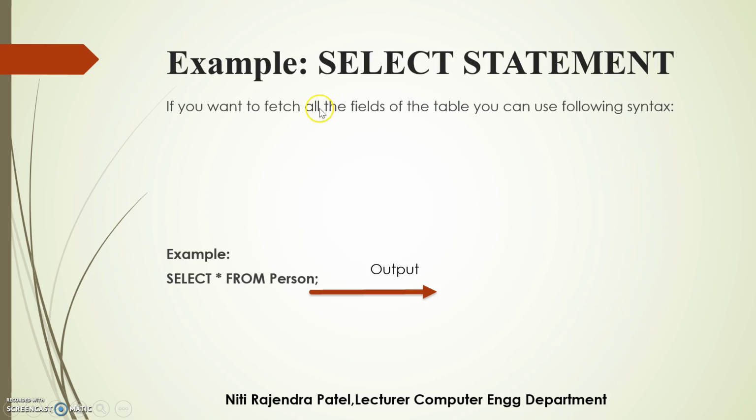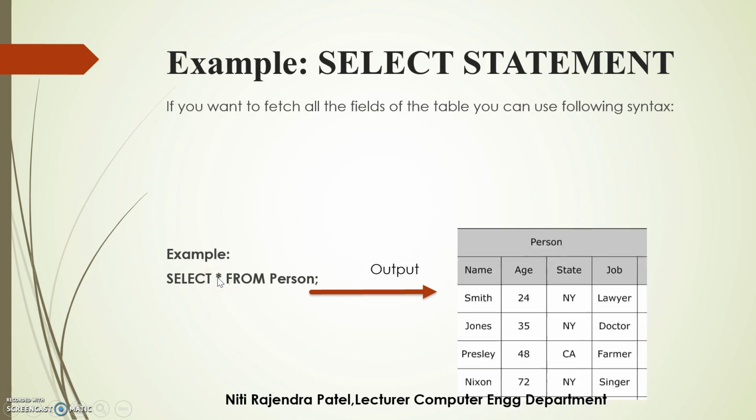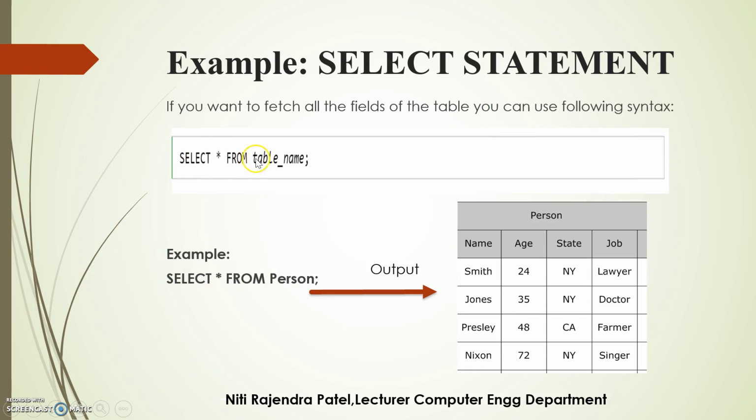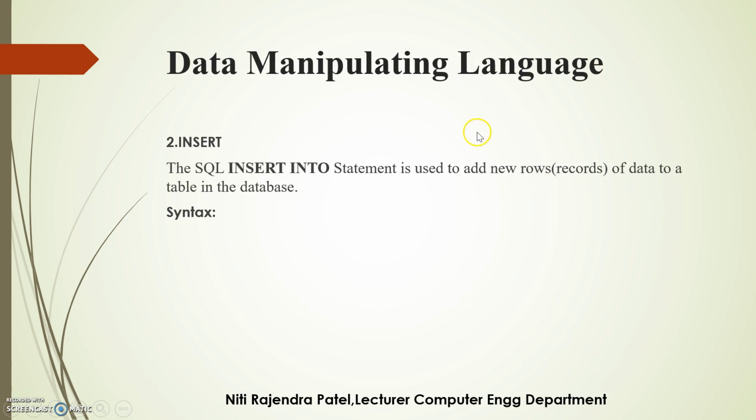If I want to fetch all the fields of the table, I need to specify select star from table name, where star indicates retrieving all the fields of the table. Select star from person retrieves all the columns of the person table, that is name, age, state and job.